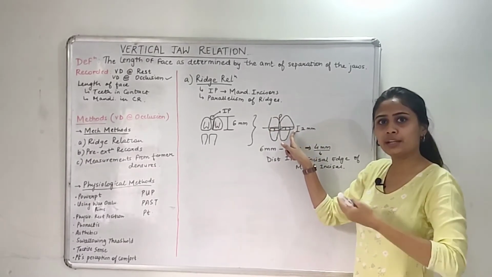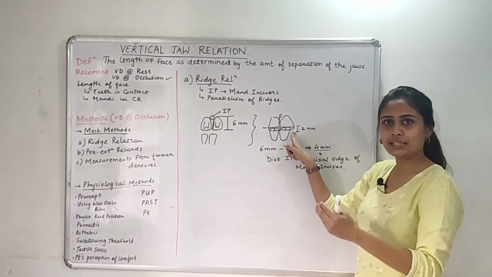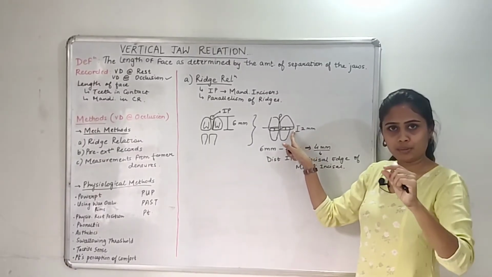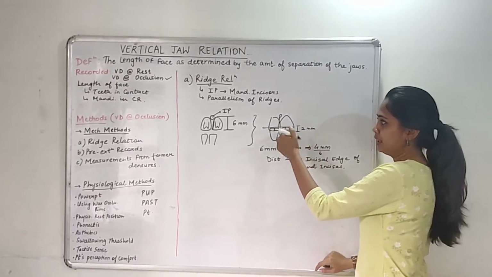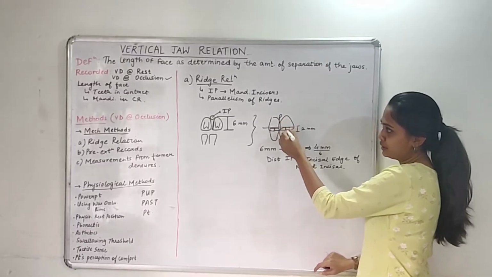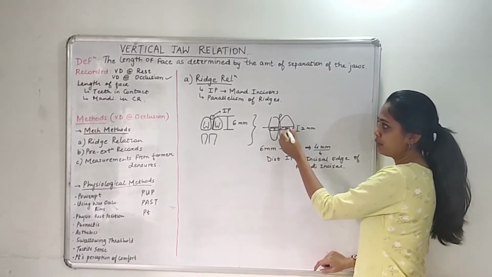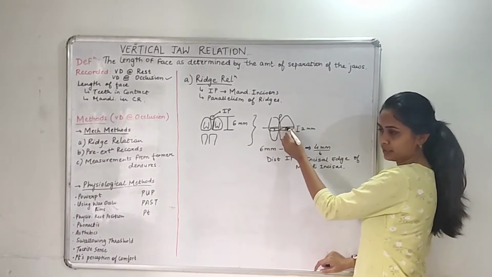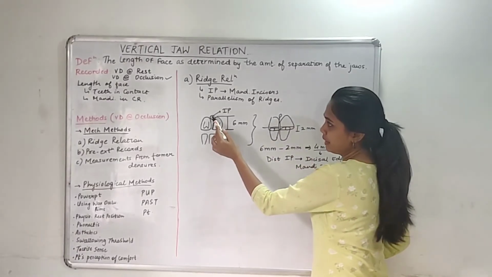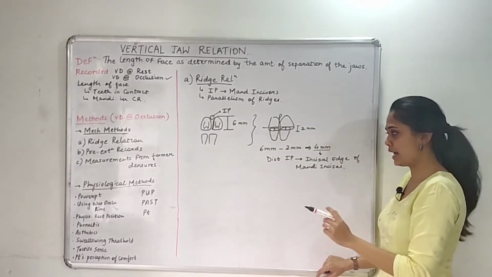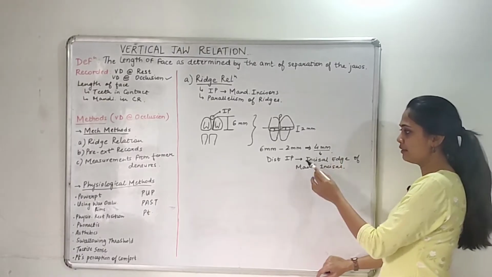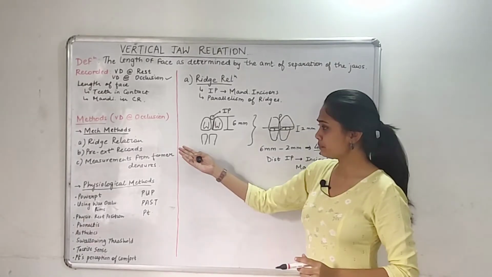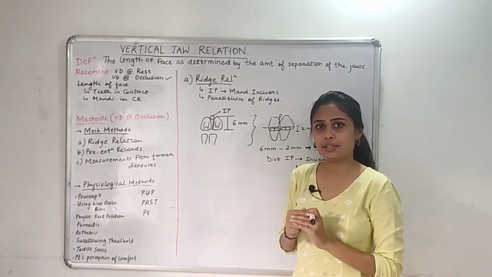It can vary in different cases, but we can take a standardized value here, that is 2 mm. So the distance from this to this is 6 mm, but when there is a 2 mm overlap, the distance from the incisive papilla to the mandibular incisal edges is 4 mm. And when we get this 4 mm, we can have this vertical dimension at occlusion.